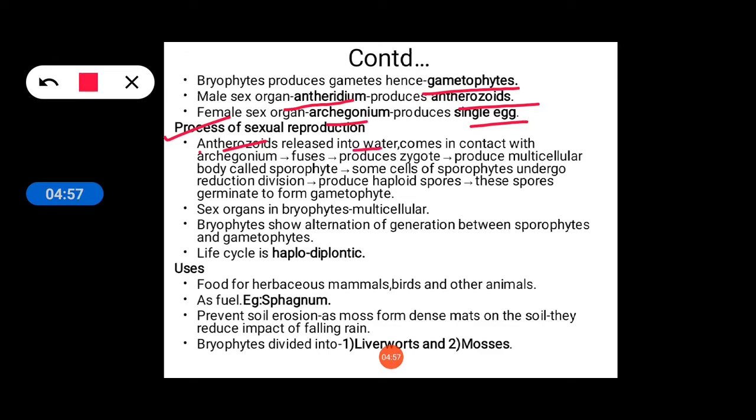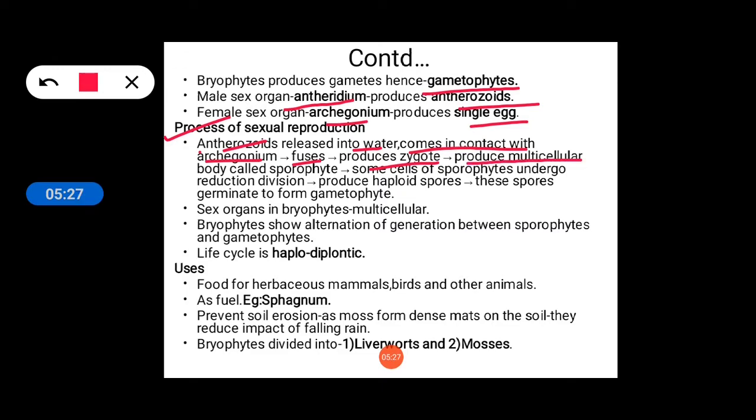In water, they come in contact with the archegonium, the female sex organ that produces a single egg. So in water, the antherozoids and the single egg fuse, and the fusion produces a zygote.